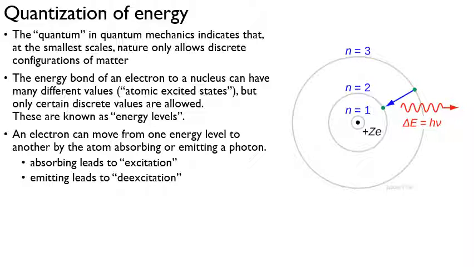An electron can move from one energy level to another by absorbing or emitting a photon. So for instance, if my electron starts out at this higher energy level here, and you de-excite to a more bound energy level, then a photon can carry away energy.